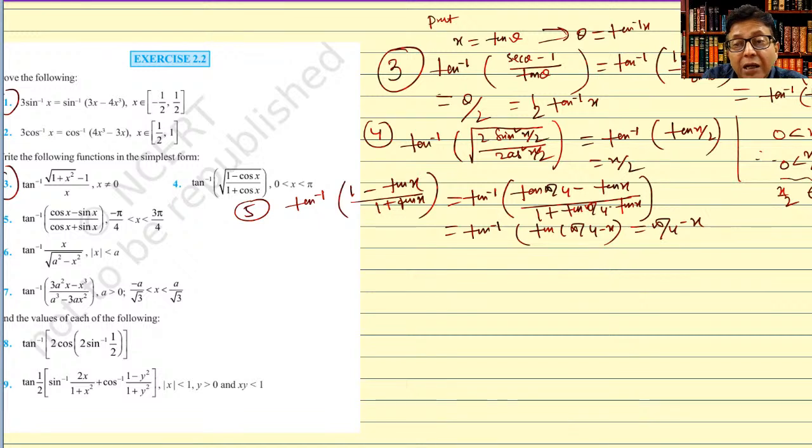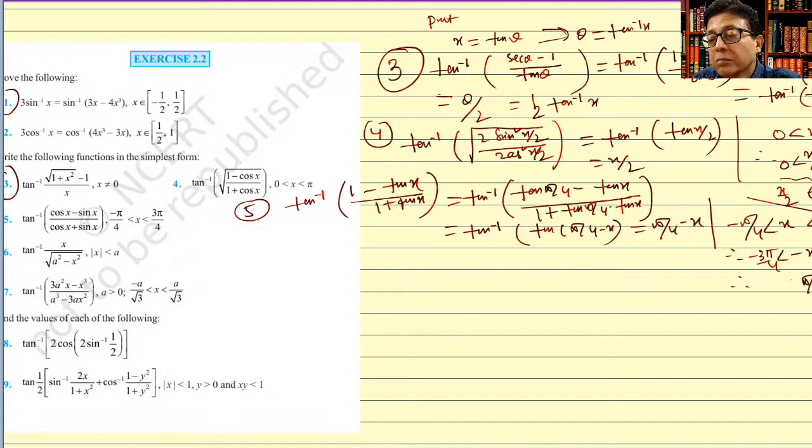But I made a mistake over there. I did not check. The interval I need to check always. Say x is given greater than minus pi by 4, less than 3 pi by 4. Therefore, isn't it? Now add pi by 4.